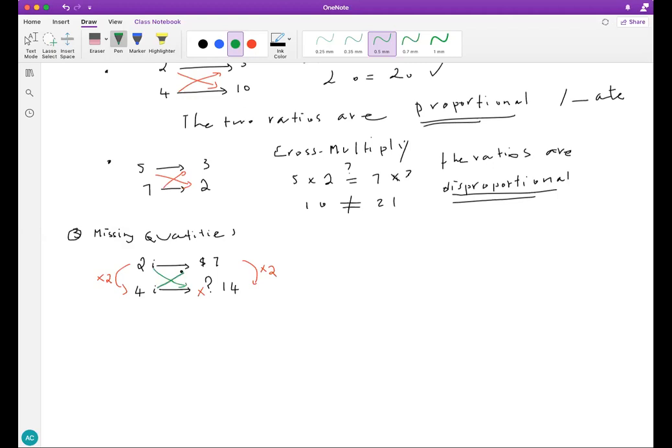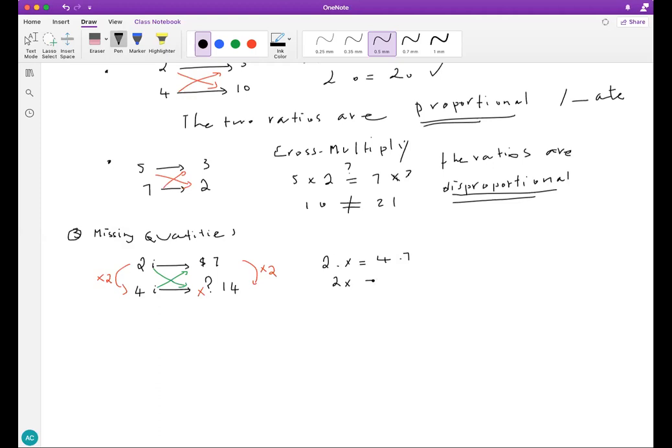this way and that way. So we're going to get 2 times x is equal to 4 times 7. As you can see, that's a very simple first degree equation. As we learned before, we know how to solve these. So we're going to multiply first.